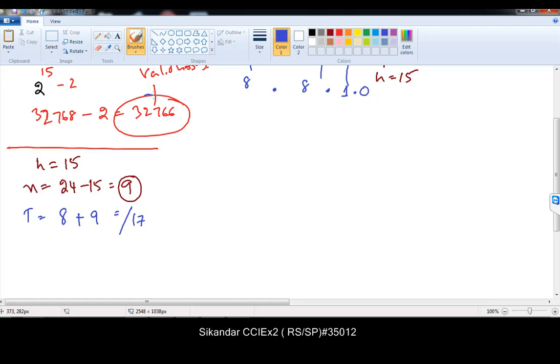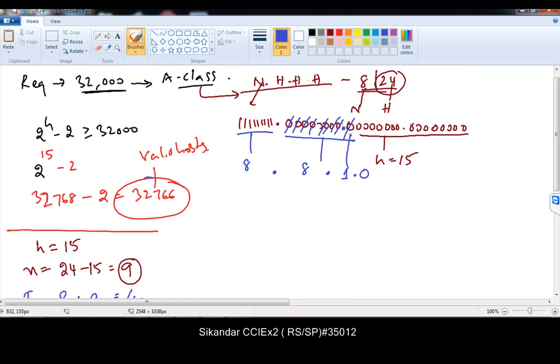The tally of 8 network and 24 host has been changed to 17 network bits and 15 host bits. 17 plus 15 is 32, so we are just changing some of the network bits and host bits as per the requirement.